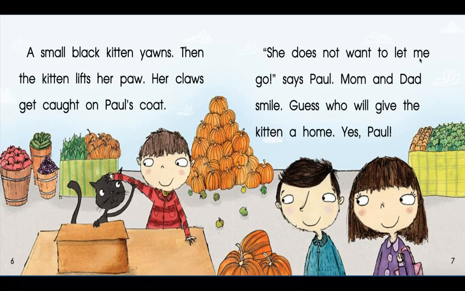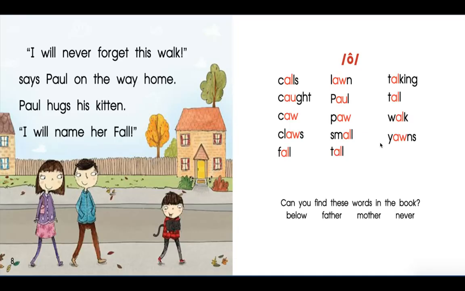She does not want me to let go, says Paul. Mom and Dad smile. Guess who will give this kitten a home? Yes, Paul. I will never forget this walk, says Paul on the way home. Paul hugs his kitten. I will name her Fall.